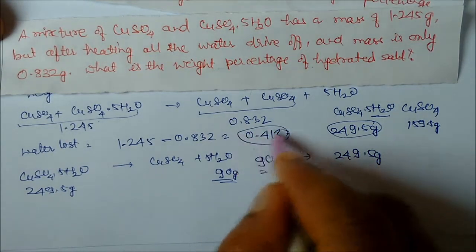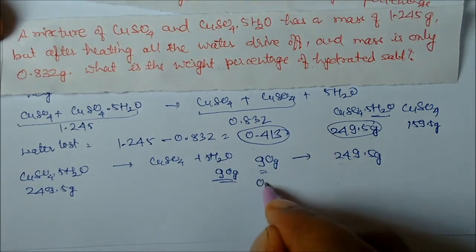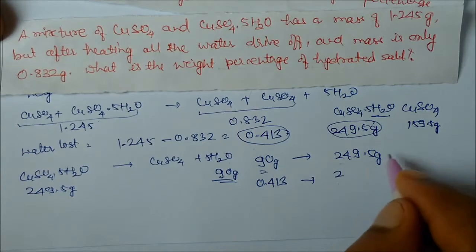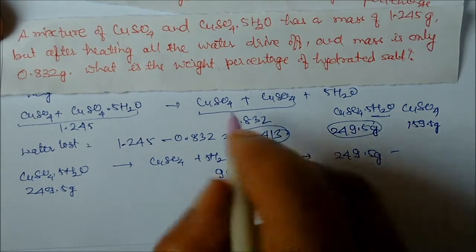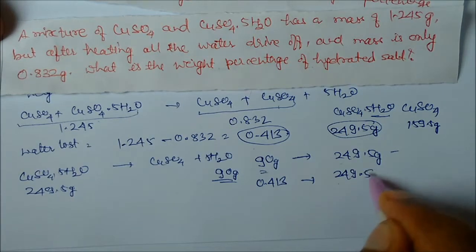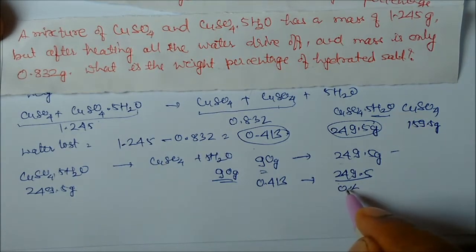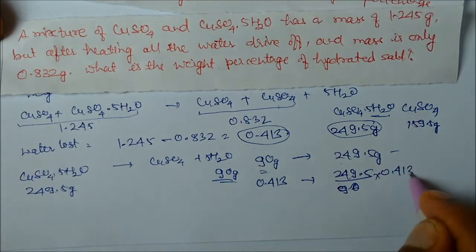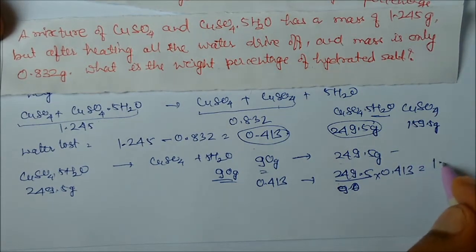This is the loss of water. So for 0.413 we will get the hydrated salt, which means copper sulfate 5H2O. So 249.5 divided by 90, multiplied by 0.413. So here we will get the answer 1.145. This is the hydrated salt.